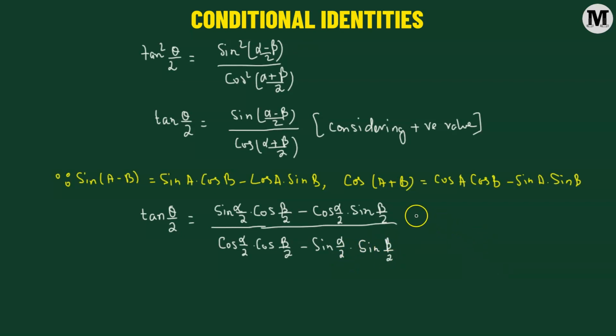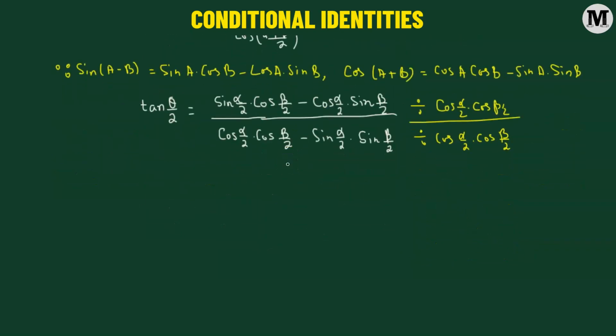Now we will be dividing both the numerator as well as the denominator by cosine alpha over 2 times cosine beta over 2. So sine alpha over 2 times cosine beta over 2, when we divide it by cosine alpha over 2 times cosine beta over 2, the cosine beta over 2 gets factored out.